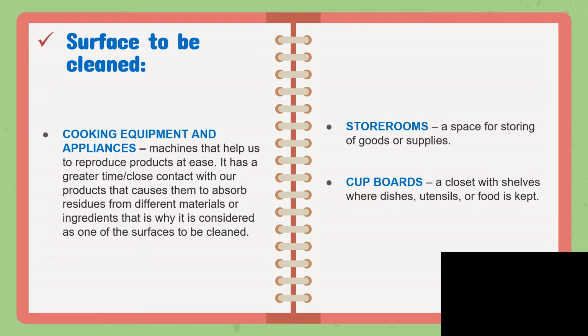Yung cupboards na yan, this is where we put our utensils, dishes, or yung mga pots and pans, kaldero, kawali. So, dyan natin nilalagay. So, we make sure na malinis yun and dry and clean and sanitize. So, these are the kitchen premises na kailangan nating linisin.